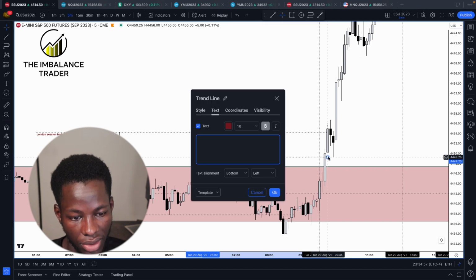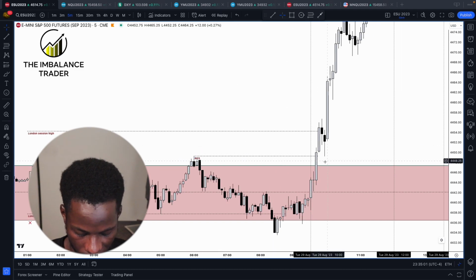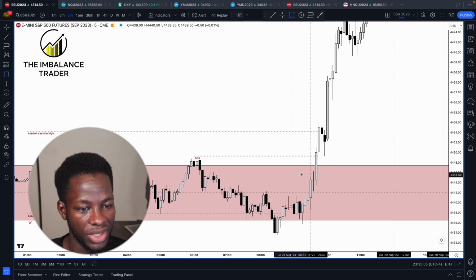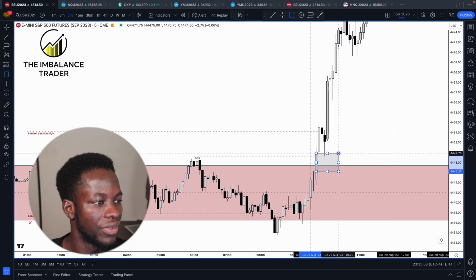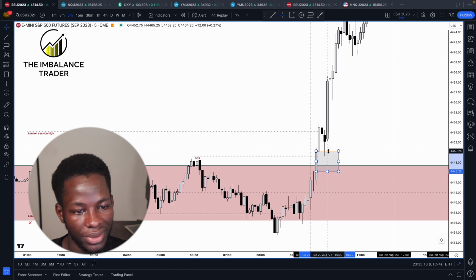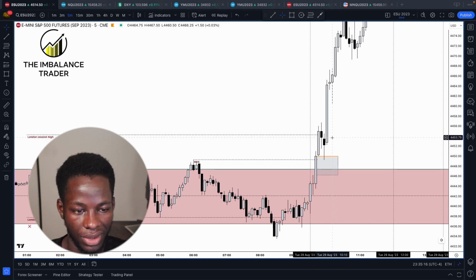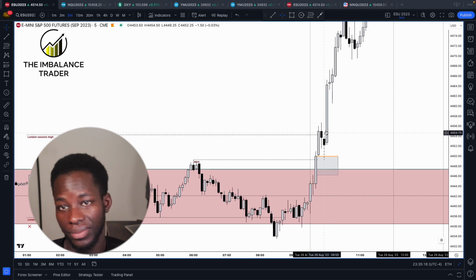So 9:30 opens, we trade, we shift market structure, which is the breakout structure here, and we have a fair value gap in here that comes in at 9:55, the macro.